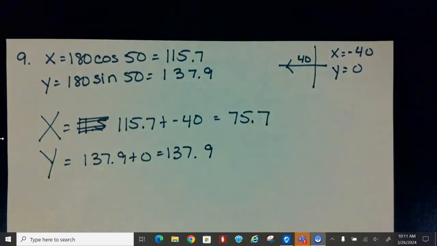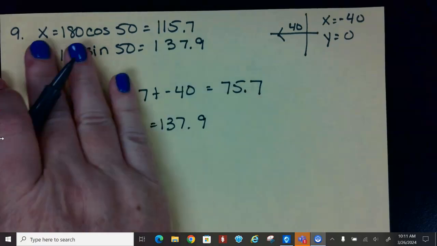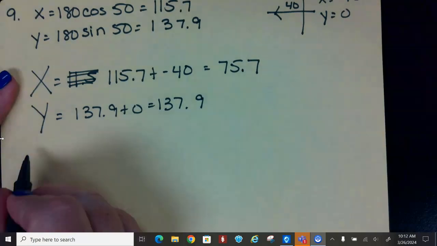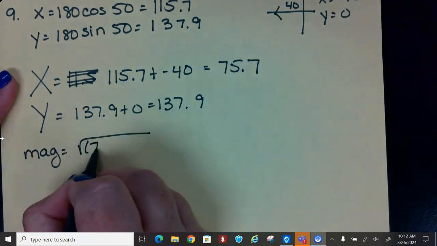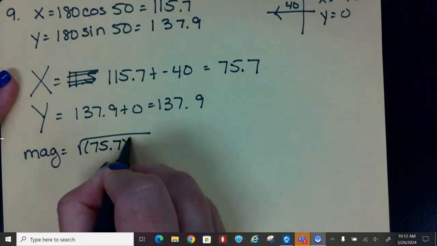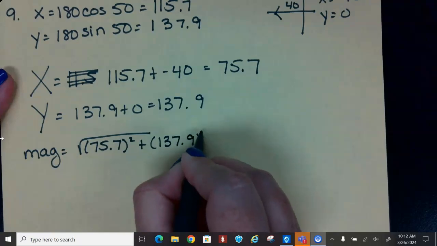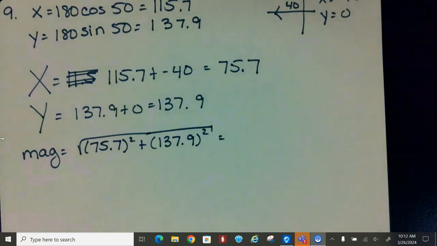Okay. Now that we have these, we're pretty much going to ignore the top. Now we have to find our magnitude. So 75.7 squared plus 137.9 squared.